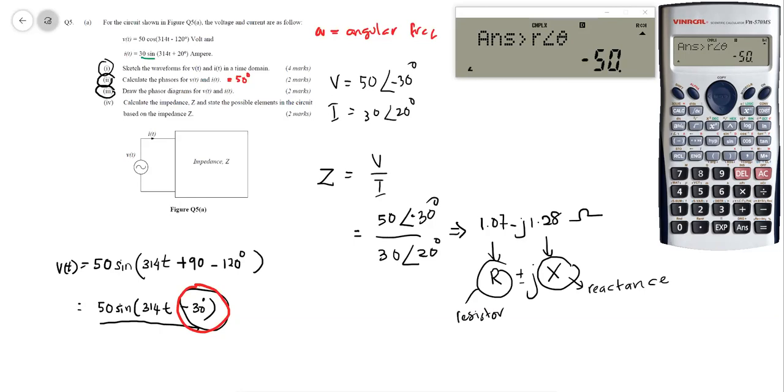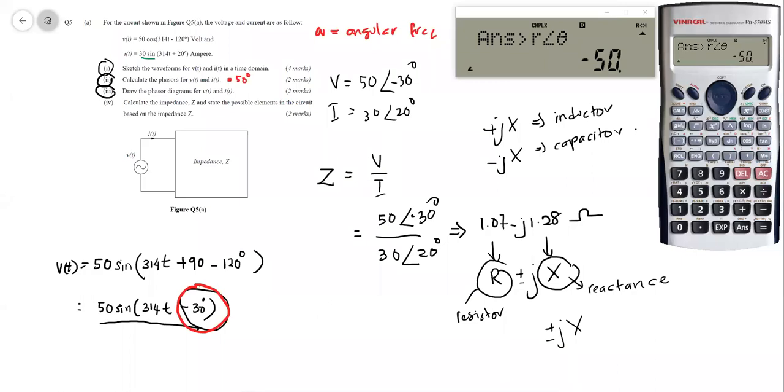In an AC circuit, we have resistance and reactance. And this reactance can be either positive or negative jX. Positive jX is an inductor, negative jX is a capacitor.